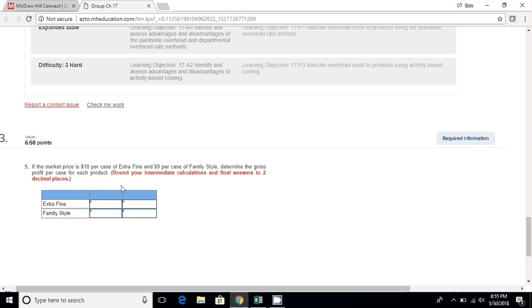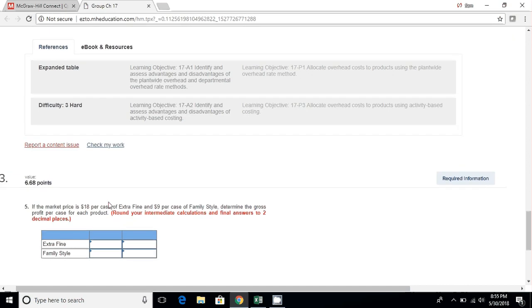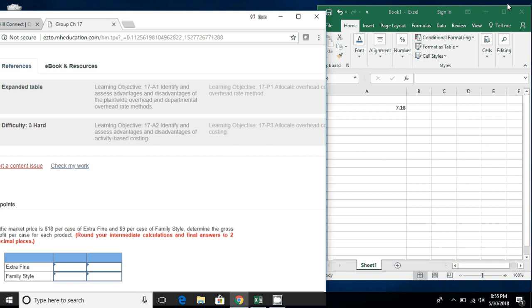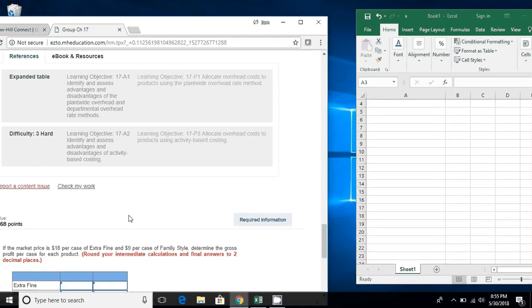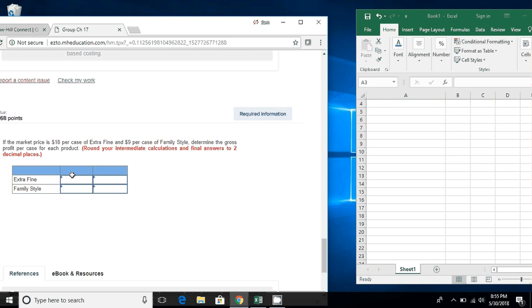So now it comes down and it says, okay, well, if the market price is $18 per case of extra fine and $9 per case for family style, then are we going to make a profit or a loss? And now we're getting back down to the nitty-gritty again.